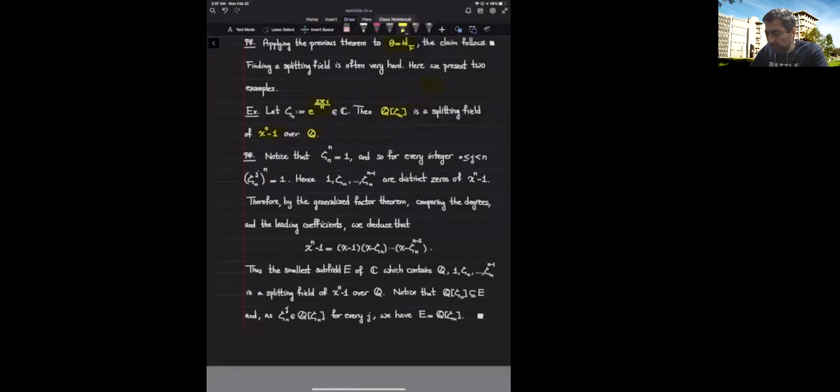If you remember from complex analysis, what happened here? I draw it like this, and then I say that we have 1 and then the nth roots of unity over the unit circle.